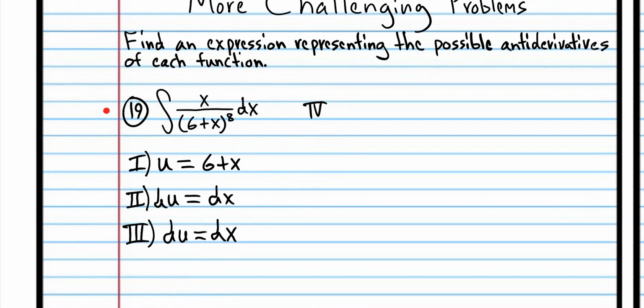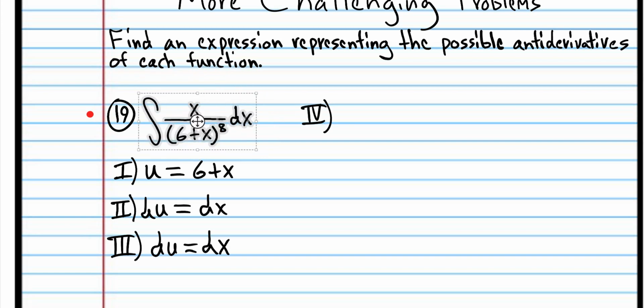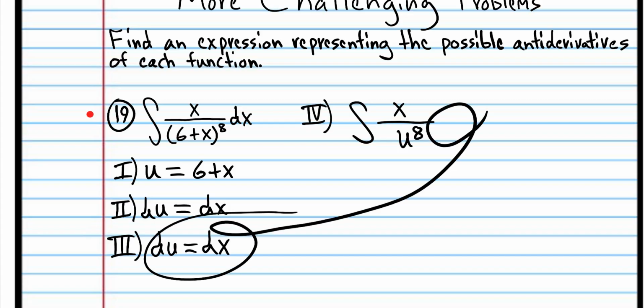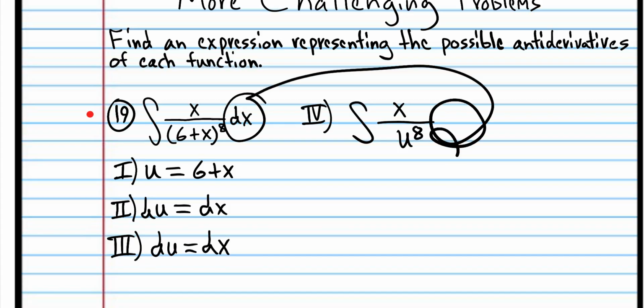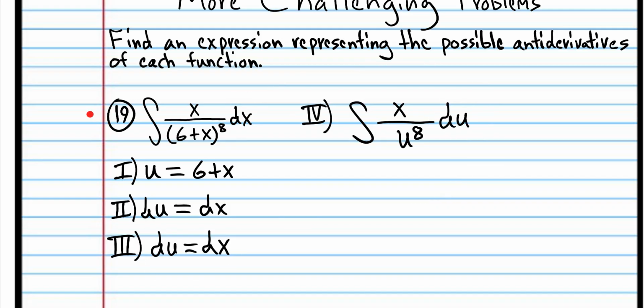And then in step 4, we're going to rewrite the integral, but we're going to write it as a du integral rather than a dx integral. So we have x over u to the 8th power, and then instead of dx, we're going to write what this equation tells us dx is equal to, which is just du.